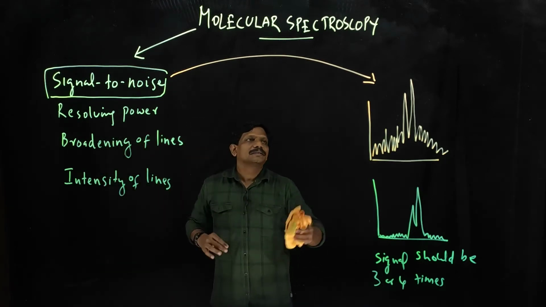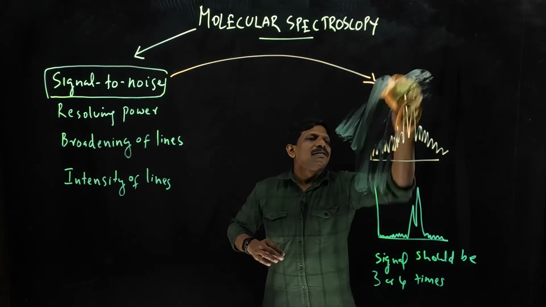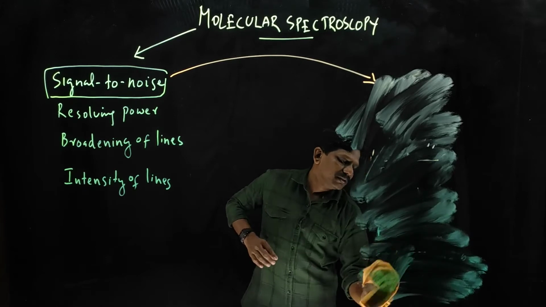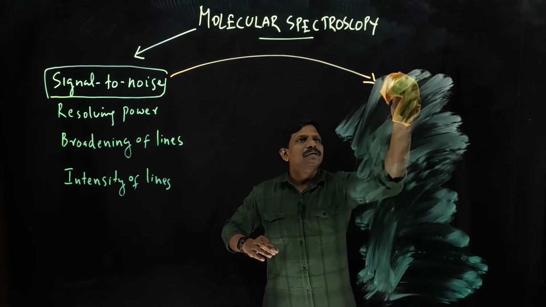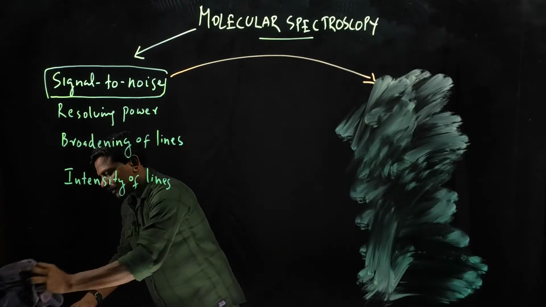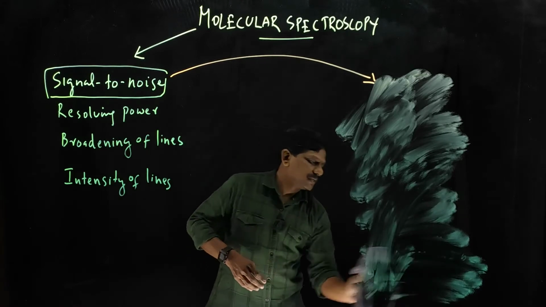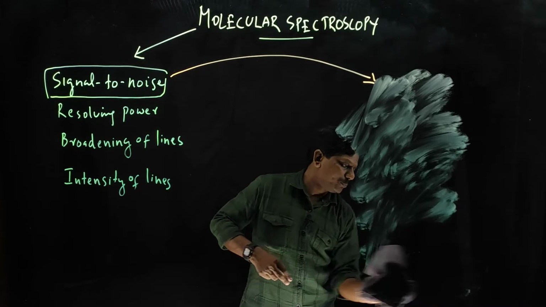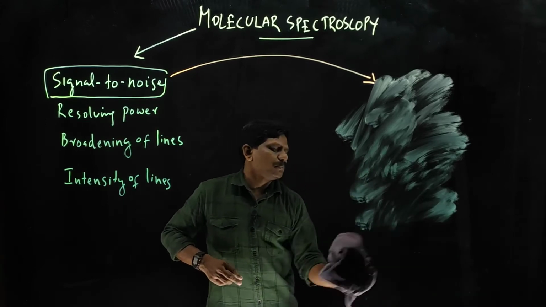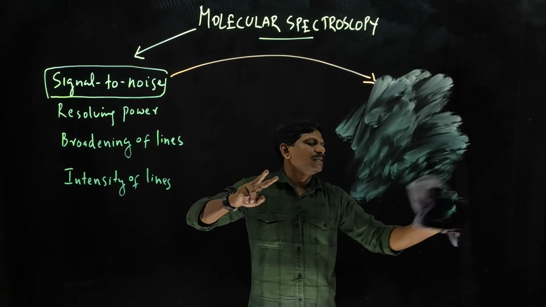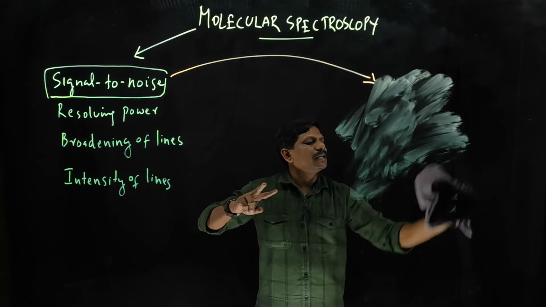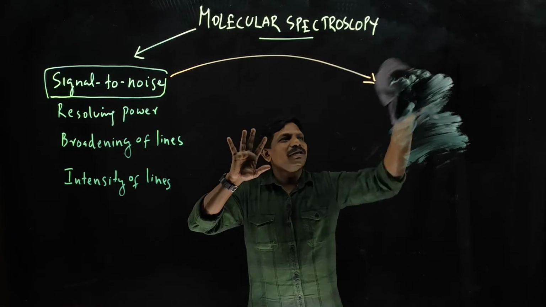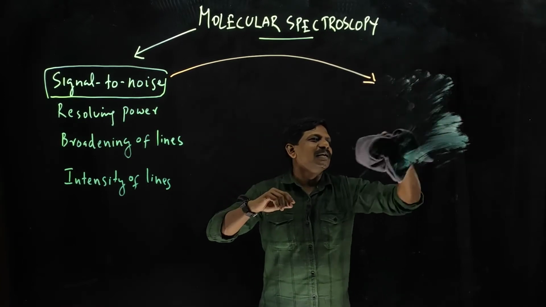Next we will discuss the resolving power, or you can call it the resolution of the spectra. You may have seen some telescopic pictures where, suppose, two stars are there. With a telescope of very low resolution, you get only one star, simply a blurred image.